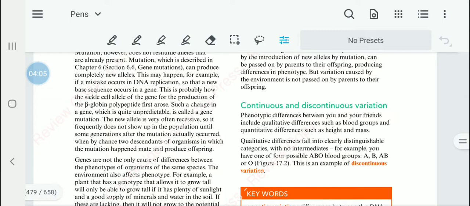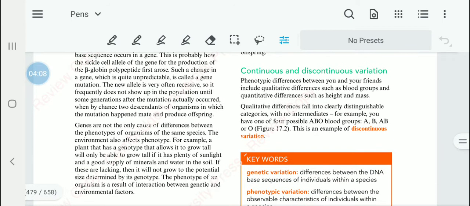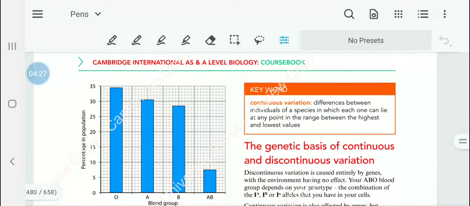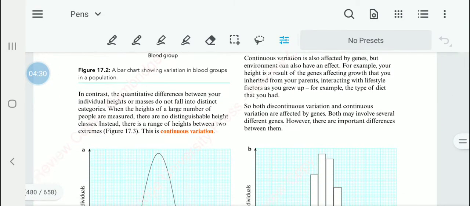Qualitative differences have clearly distinguishable categories without intermediates. Example: blood groups A, B, AB and O. This is discontinuous variation. However, quantitative differences such as height or mass have a continuous variation between two extreme ends.